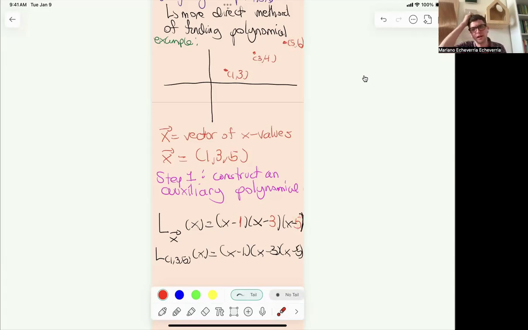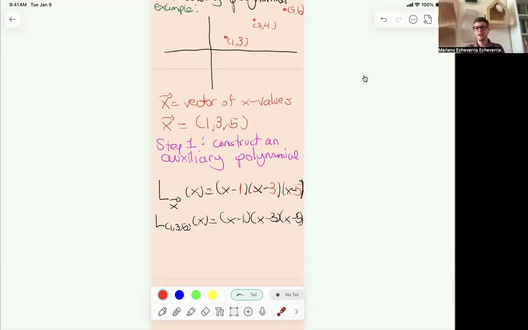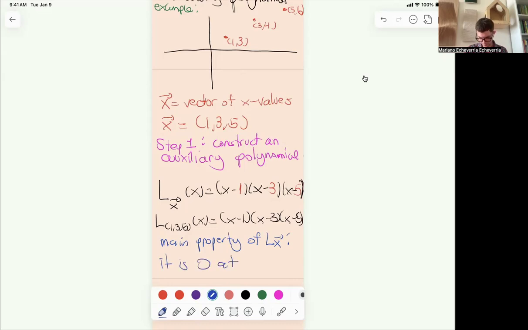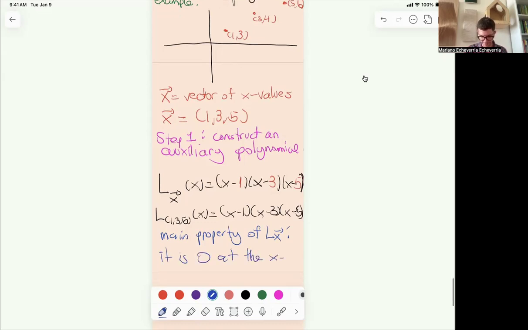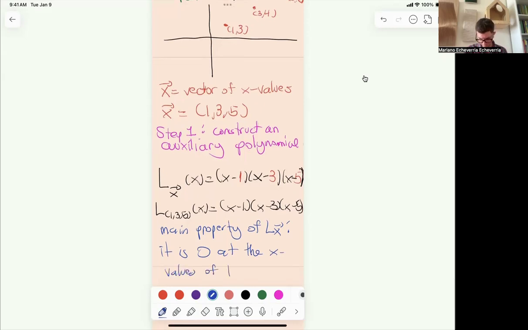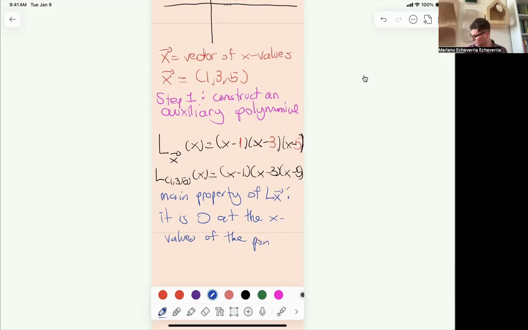But the main property of this polynomial is that it is 0 precisely at the x values of the points you were given. Is that okay? So far, so good. Everyone with me?